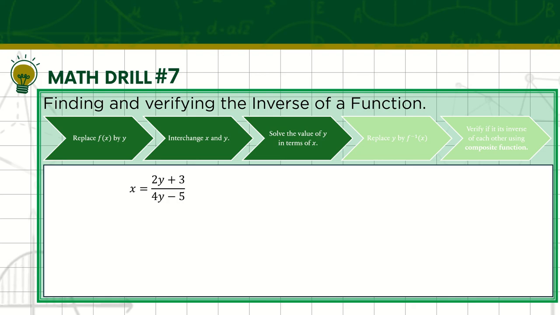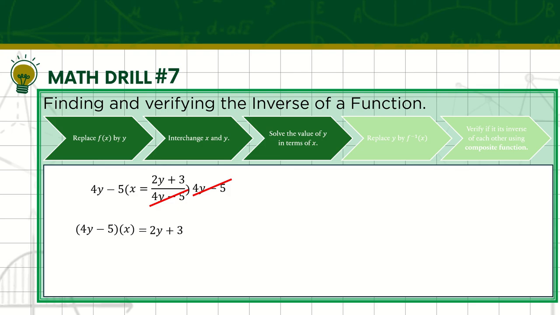To solve this, first, we need to multiply both sides of the equation by 4y minus 5. After that, we can now cancel out 4y minus 5, which gives us (4y minus 5) times x on the left side of the equation and 2y plus 3 on the right side of the equation.